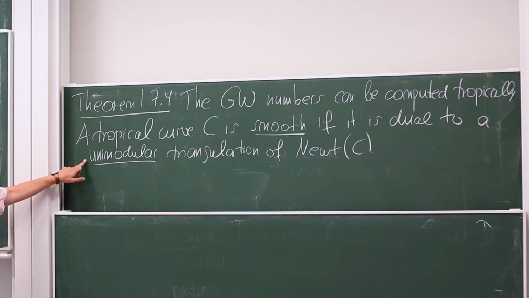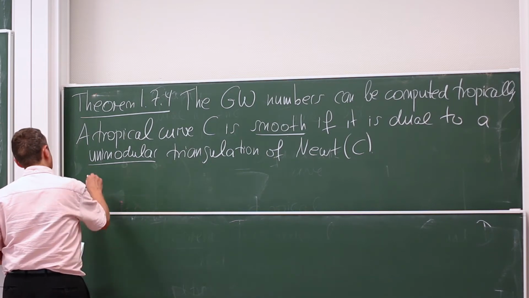So a lattice triangle in the plane has a half integer area, and unimodular means I require every triangle to have area half. So the area is the base times height divided by 2. If that comes out a half, and this happens everywhere, I call this a unimodular triangulation. And the examples we saw in the first lecture were unimodular.